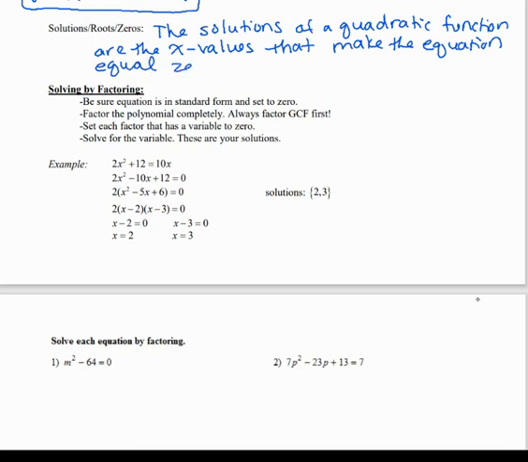Okay, so it's what are your x's when y is 0? Well, when y is 0, that's our x-intercepts. So that's why we also say intercepts.